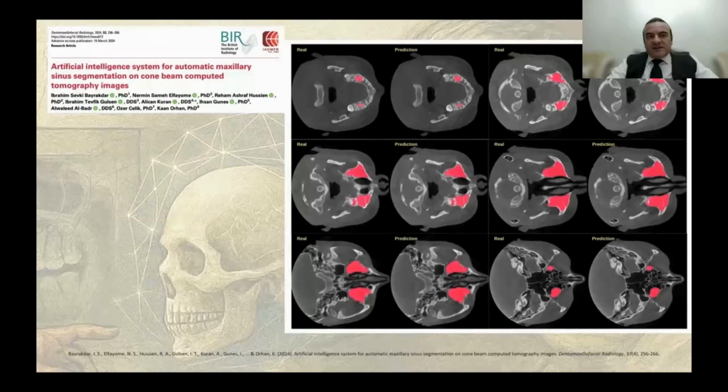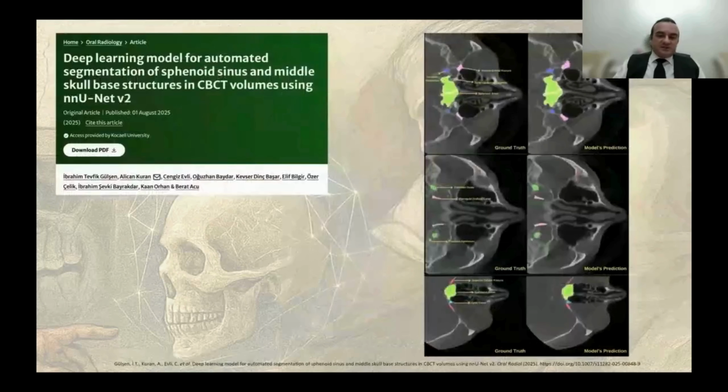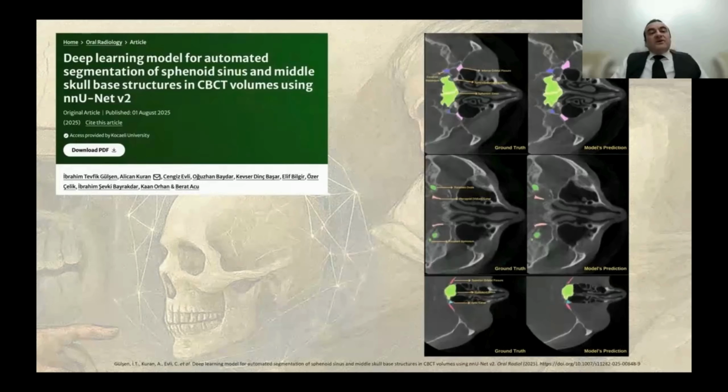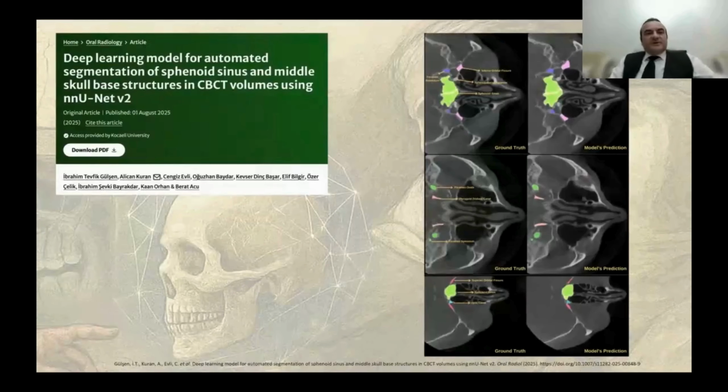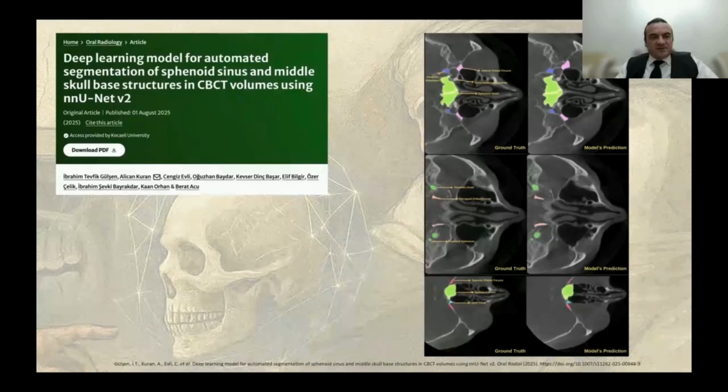We also performed a study for maxillary sinus segmentation on cone beam CT because, as I mentioned, if you're not familiar with maxillary sinus pathologies, you can overlook them, especially in CBCT imaging. We also performed a further deep learning model for the automated segmentation of the sphenoid sinus and the middle skull-base structures.